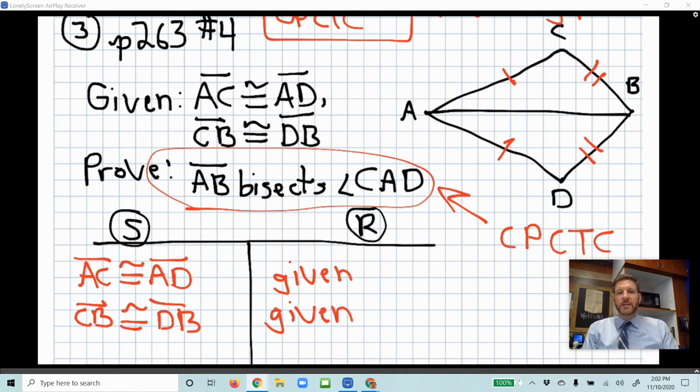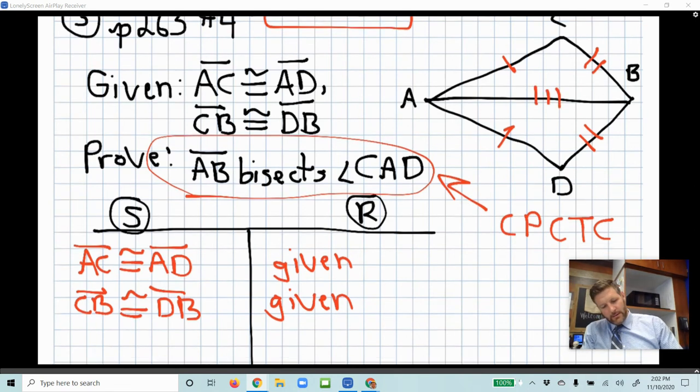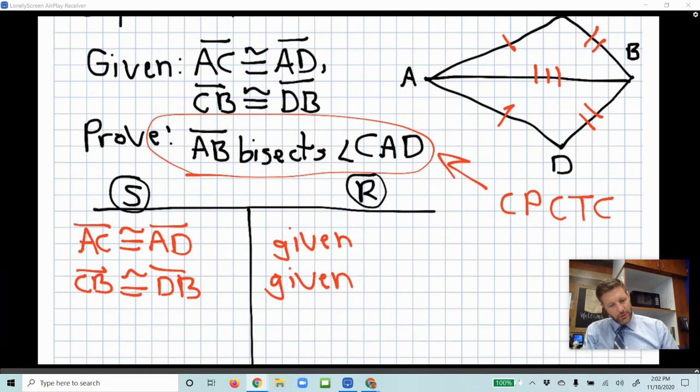Now I have two sides. I need one more piece of information to prove the triangles congruent, and you can see there's our visual clue. We've got this common line AB across the middle. Like I said, this is an easy proof, at least to start. I know that AB is congruent to AB. How did I know that?